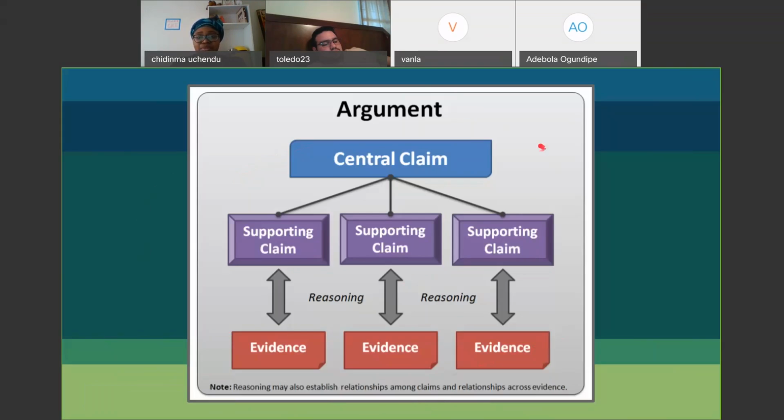You have your main point, kind of the big idea, and then you have other supporting claims. So think about it this way. Let's say McDonald's is your main point. We know that McDonald's is what? A restaurant. That's a supporting claim.